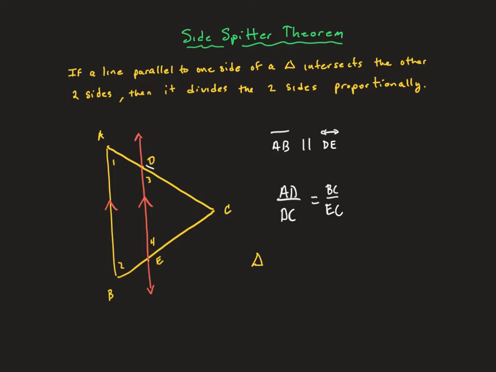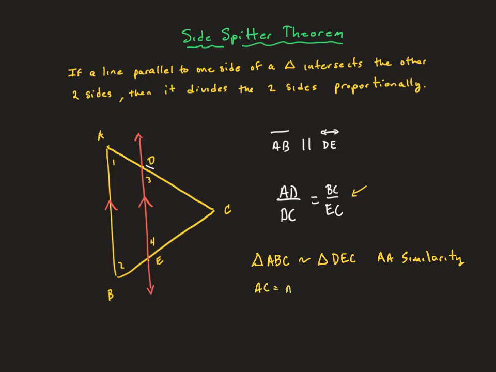Let's just write that down so we don't forget: triangle ABC is similar to triangle DEC because of angle-angle similarity. All right, so then we know, by the definition of similar triangles, that the ratio of AC over DC is equal to the ratio of BC over EC, and that is the definition of similar triangles.